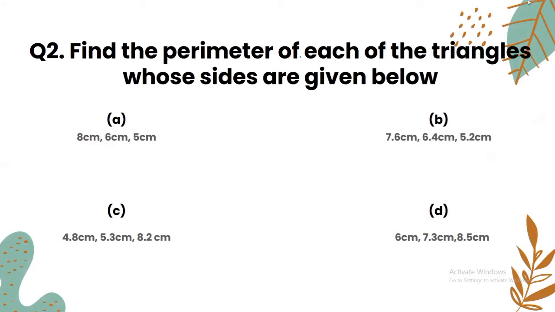So you can write here, perimeter of a triangle is equal to the sum of all sides.